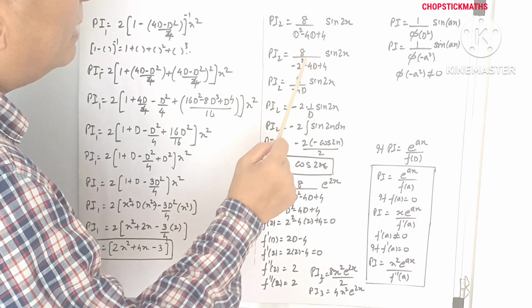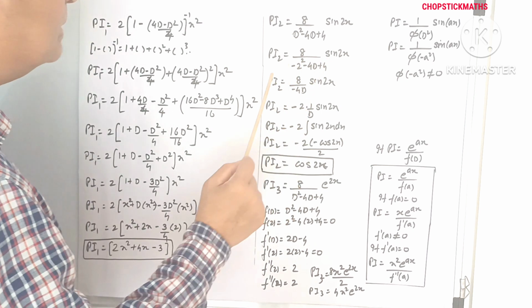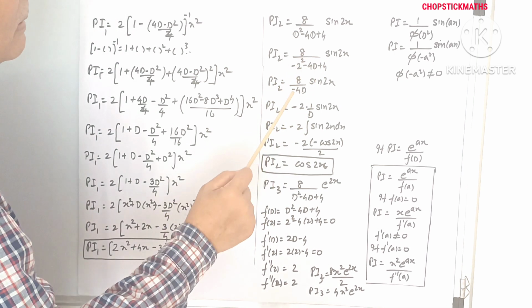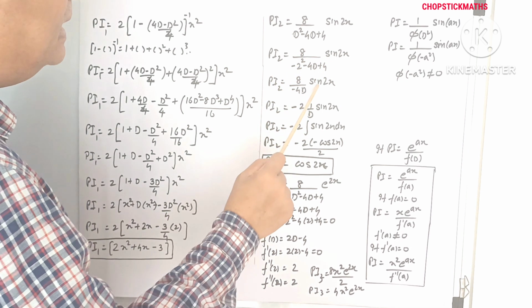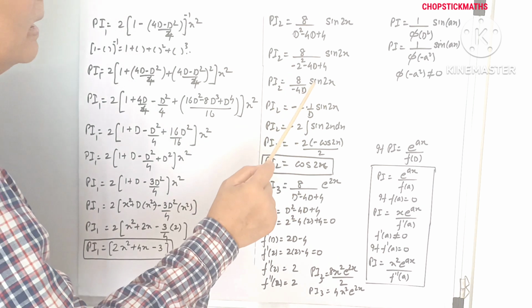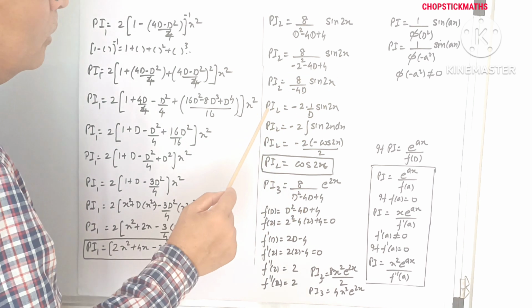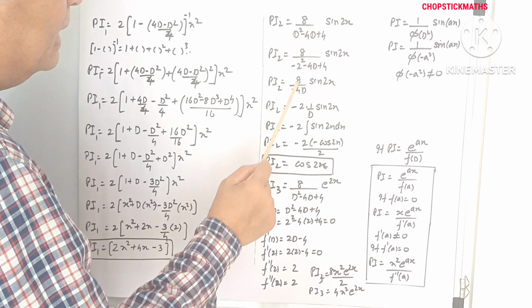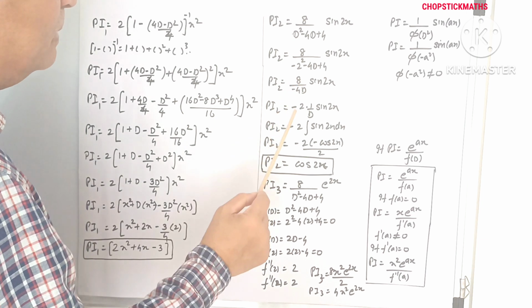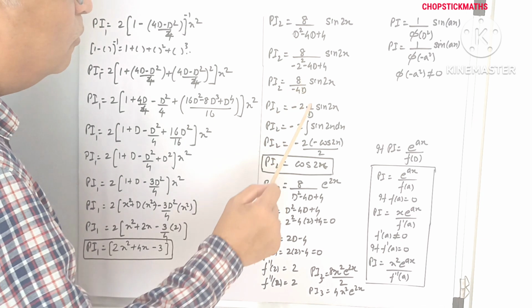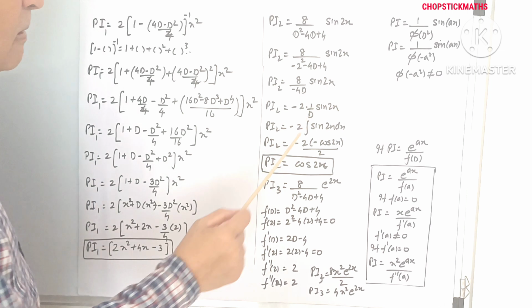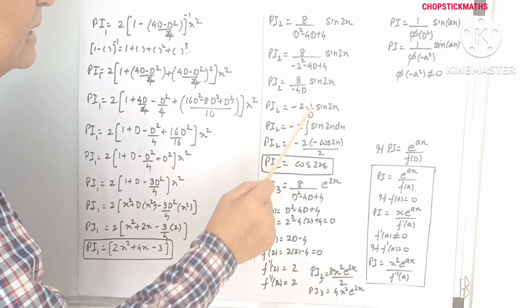So minus 2 square, which is minus 4, and 4 would cancel out. So you'll have PI2 is 8 upon minus 4d into sine 2x. So PI2 would be 8 and 4 would cancel out. This would be minus 2 into 1 upon d sine 2x. Now as we know, 1 upon d is the integral.